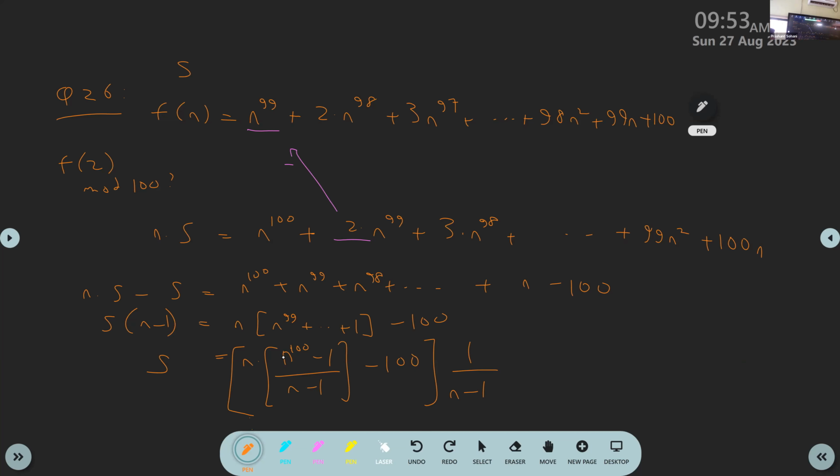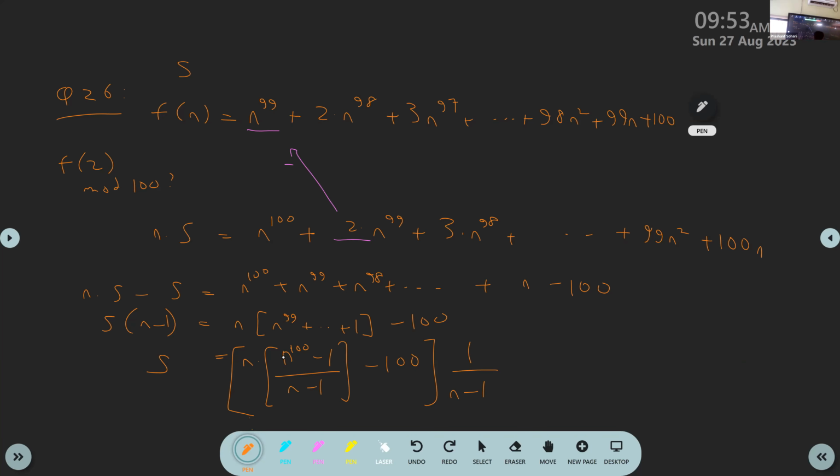Okay. So in general, this looks like a very complicated expression, but thankfully we're only interested in f of 2, right? So if I put n is equal to 2, the denominators are going to go away. And so what will I get? And not only that, note that I'm interested in modulo 100. So this minus 100 will not make any difference.